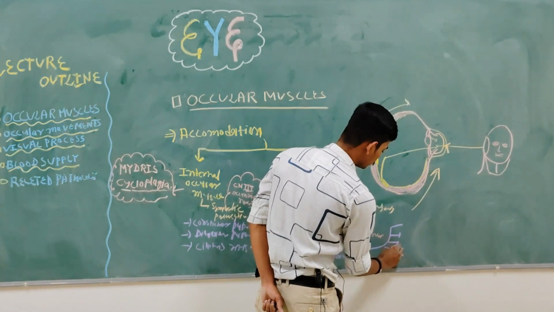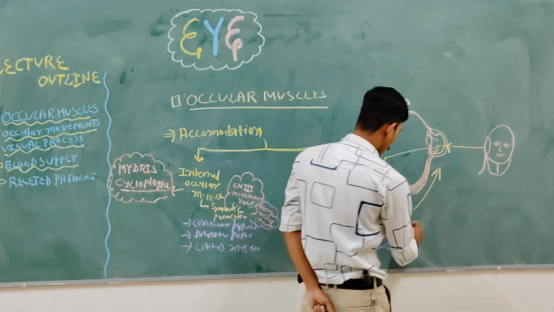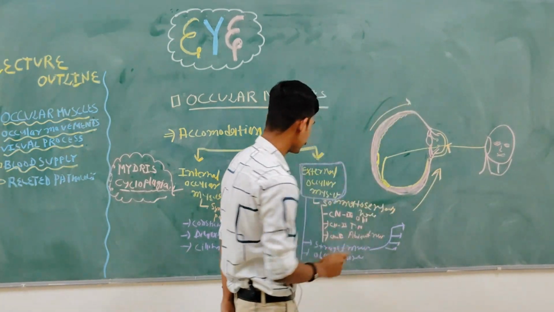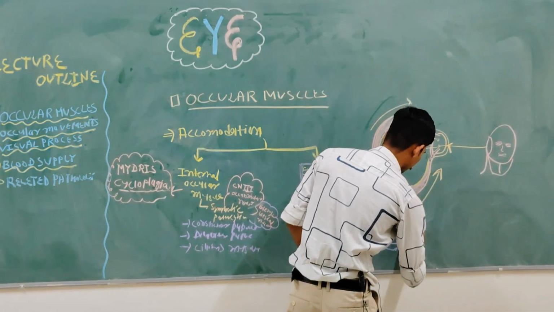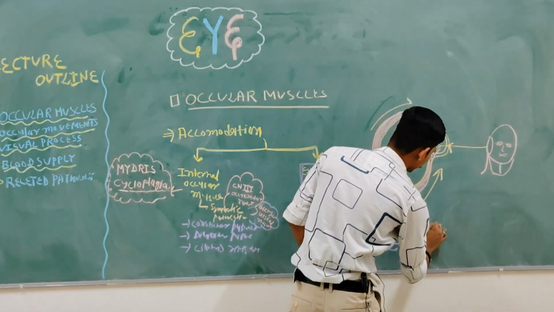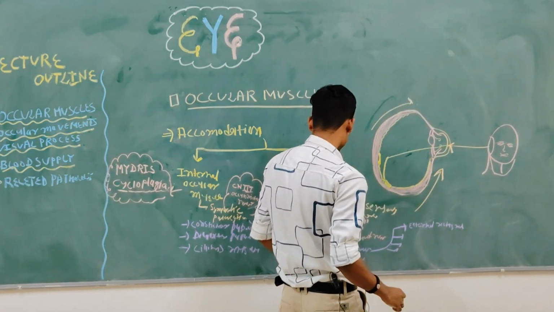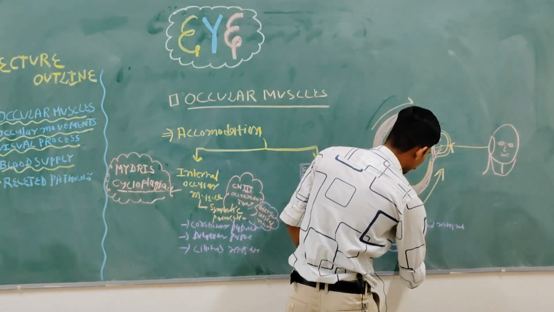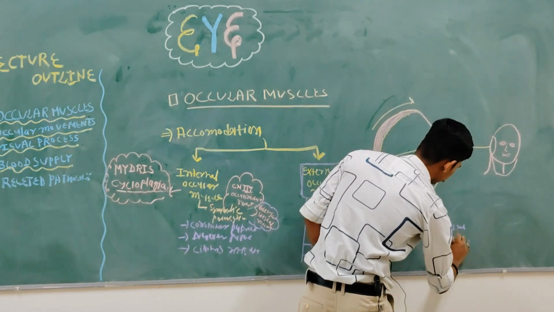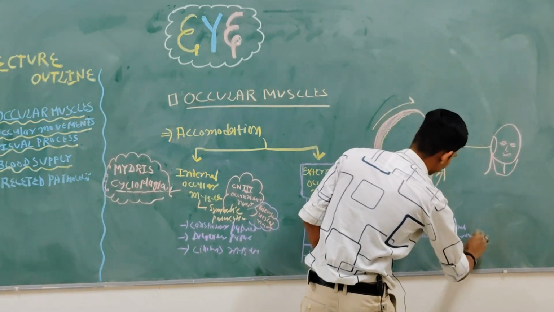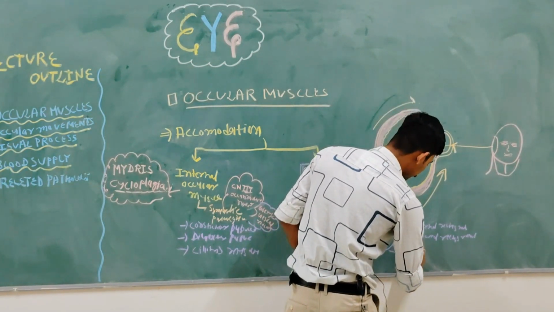Now the 4 sets of straight muscles are named, write down. The first is the external rectus muscle.